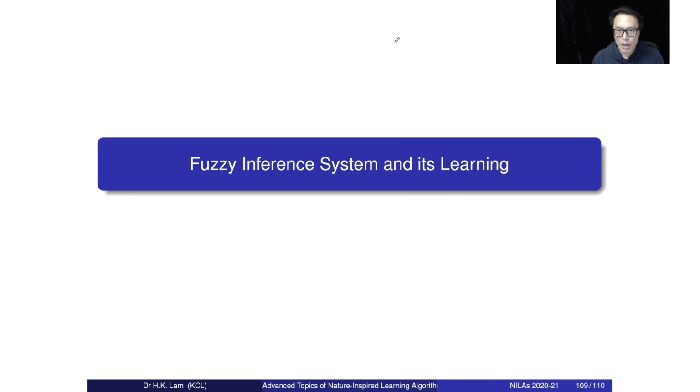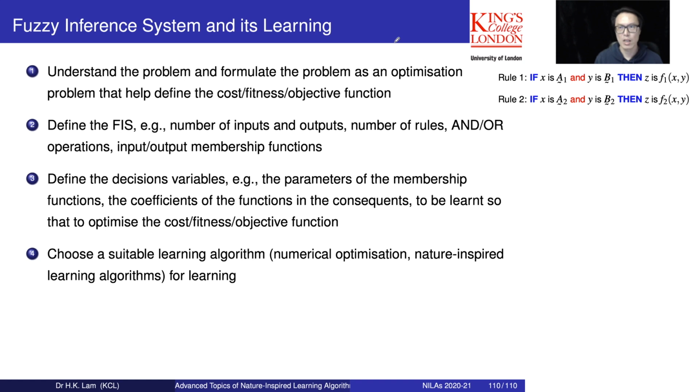And now, once we know the final form, the input-output relationship of the fuzzy inference system, how do we do the training? That means how do we combine this fuzzy inference system with the learning algorithm?